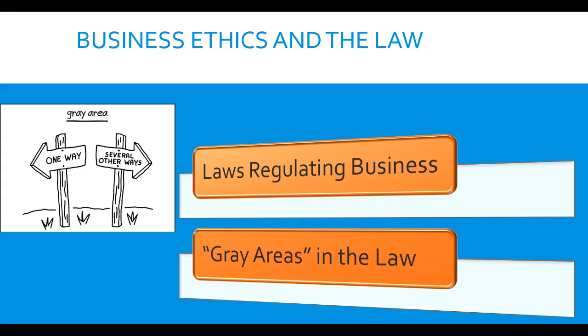Isn't that the truth? There are many gray areas in which it's difficult to predict how a court is going to rule. So, for example, if a consumer's misuse of a product harms the consumer, should the manufacturer bear the responsibility? Ultimately, we know the best course of action is to act responsibly and always act in good faith.